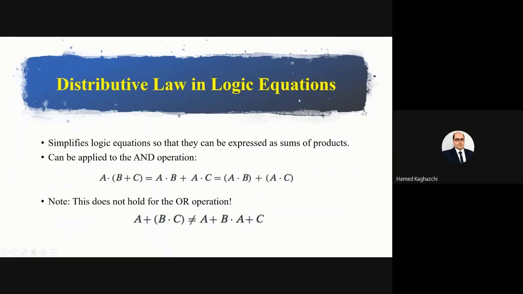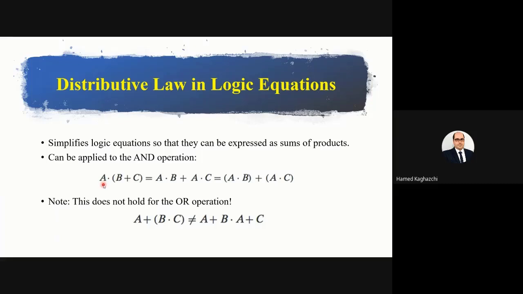First of these two laws is the distributive law. What does it say? The distributive law says that if I have A dot B plus C, I can multiply, or AND.